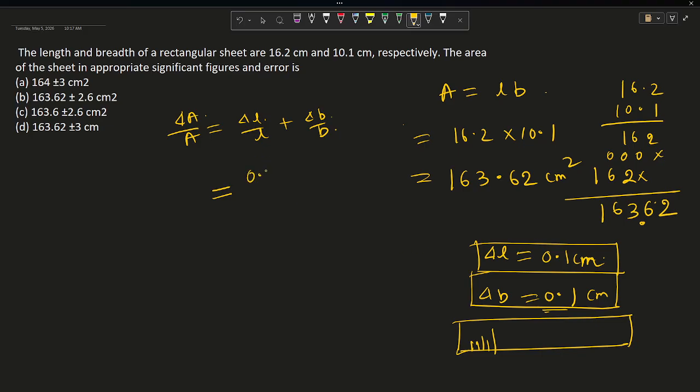Now put here 0.1 and L is given 16.2, plus delta B 0.1 and B 10.1. Now calculate it.